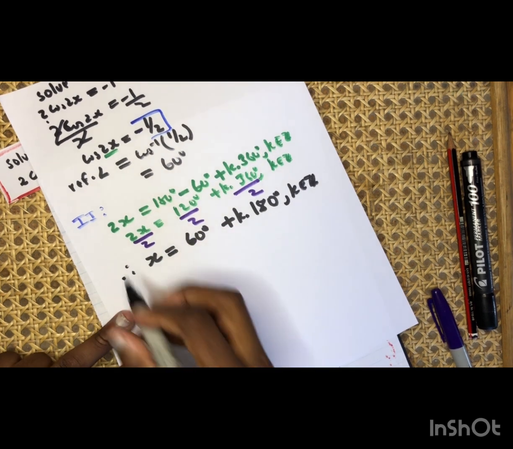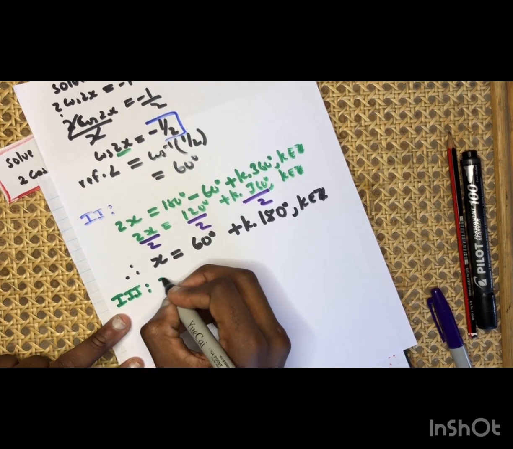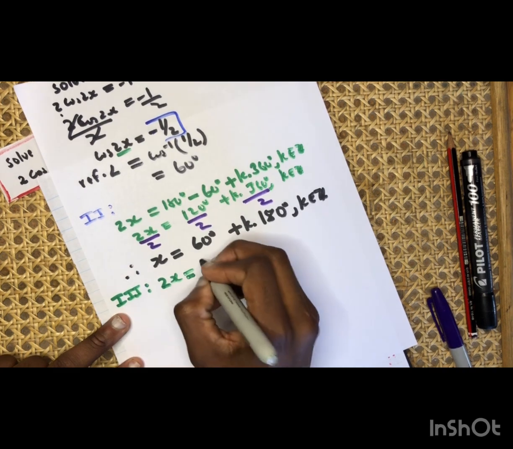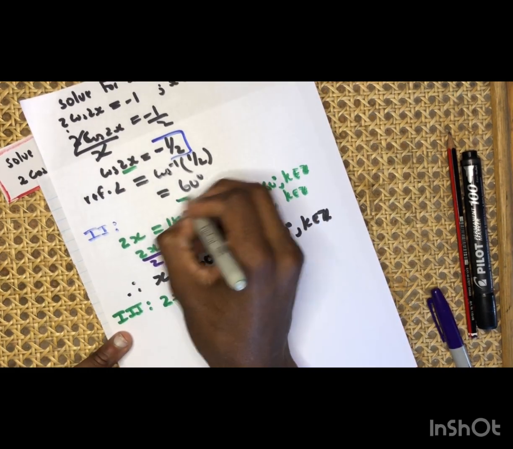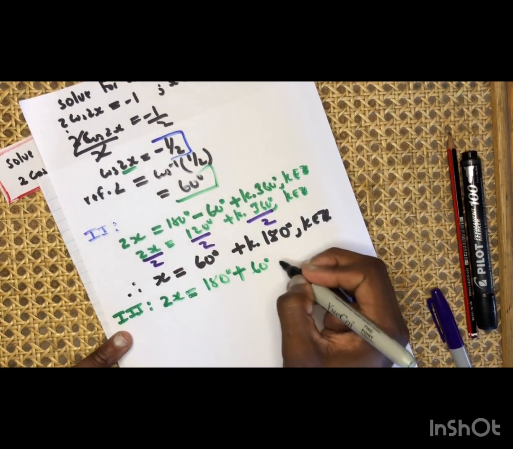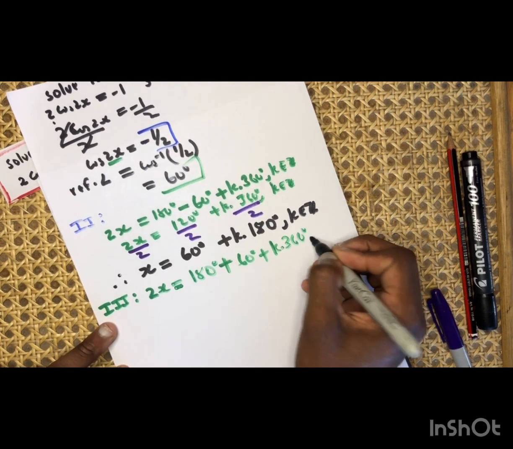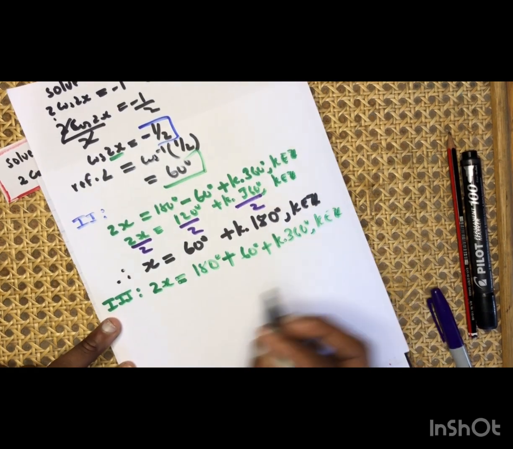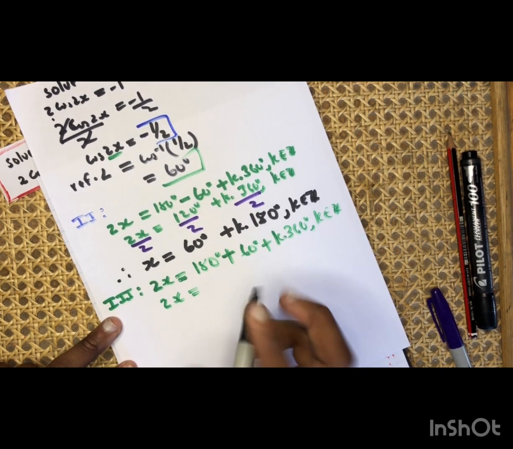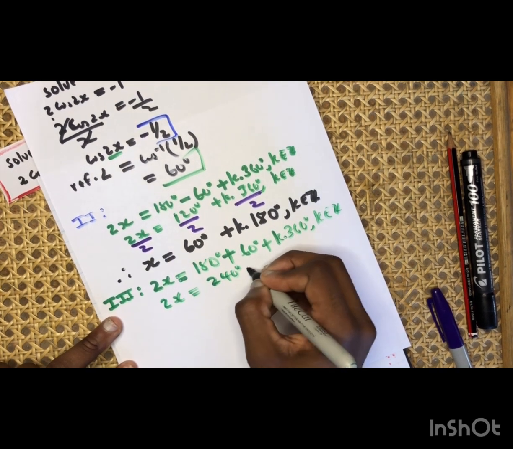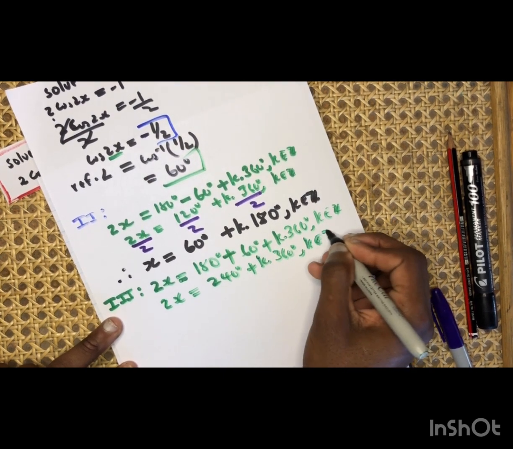So we go to quadrant number 3. We're going to say 2x again equals 180 plus the reference angle, in this case 60, plus your period, k times 360 degrees, where k is an element of integers. So 180 plus 60, what do you get? You get 240 plus k times 360 degrees, where k is an element of integers.